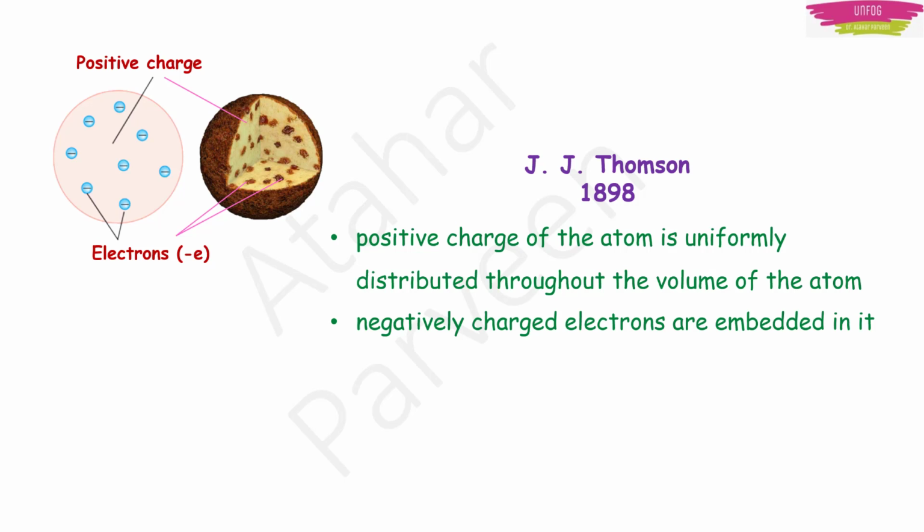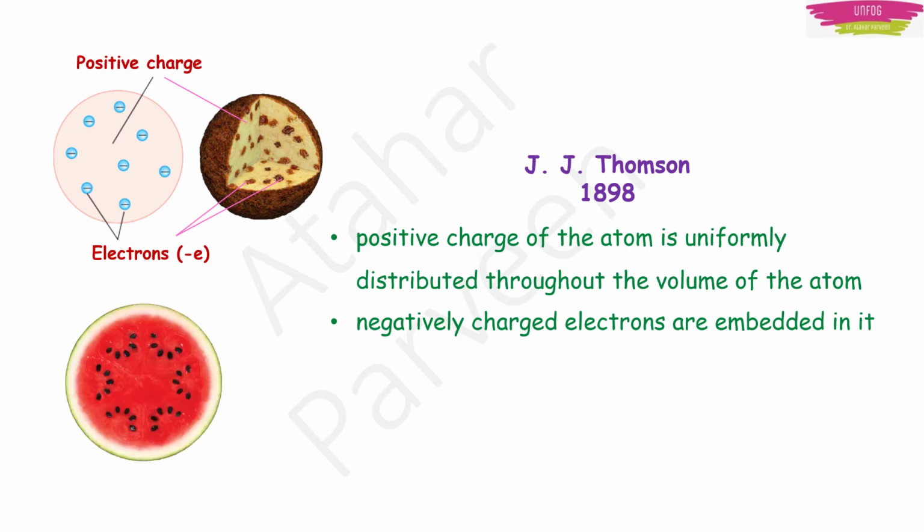That was his model. Or, you can compare it with a watermelon. In a watermelon, the red part is the positively charged part, he told, and the seeds are negatively charged electrons. This was Thomson's model.